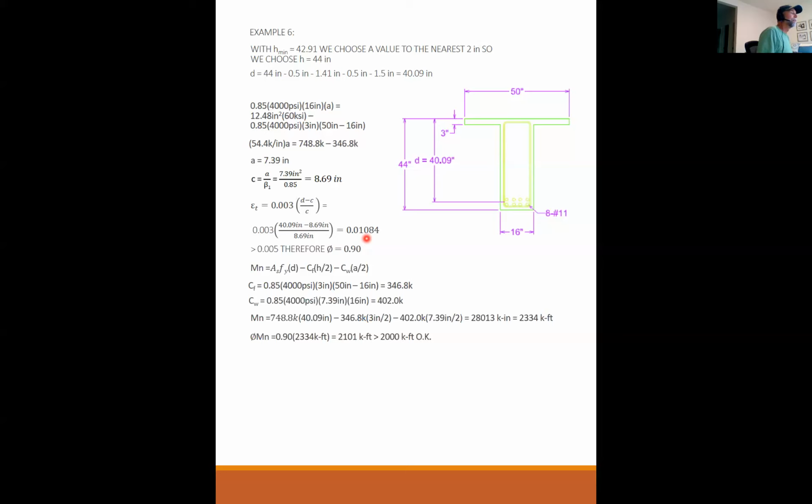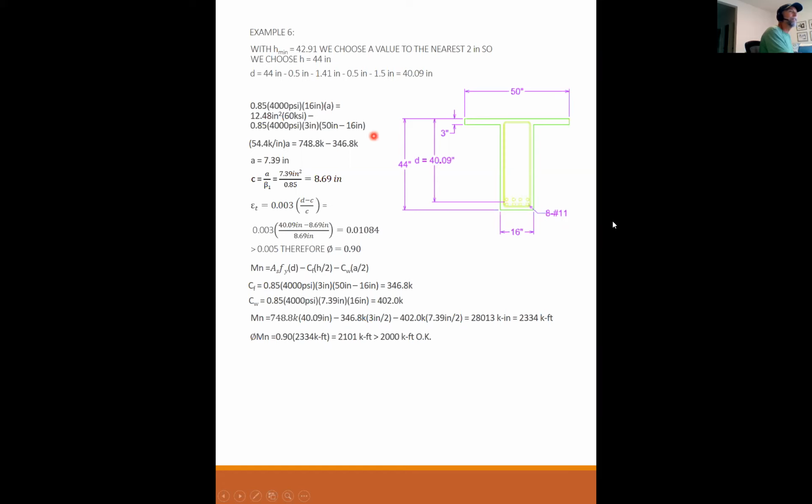Somebody, okay, I just explained that. Did you hear the re-explanation? No, I didn't. Okay. Well, what happened to the 0.125, I'll give you the short version. The 0.125 got us to 44-inch total height, 16-inch width, 8 number 11s.